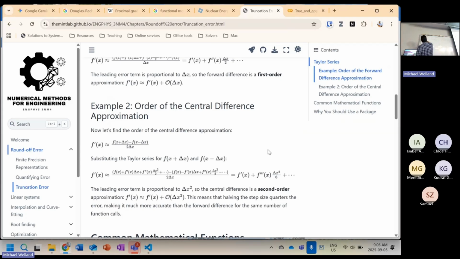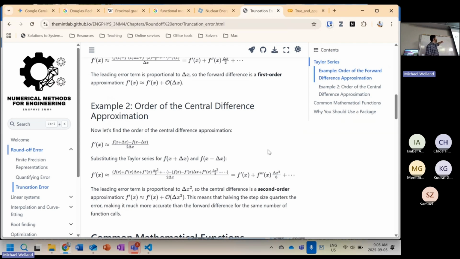So this is forward. Backward turns out to be f primed of x, f at x minus delta x, minus f at x. It's a lot of math, but do it and it shows out.